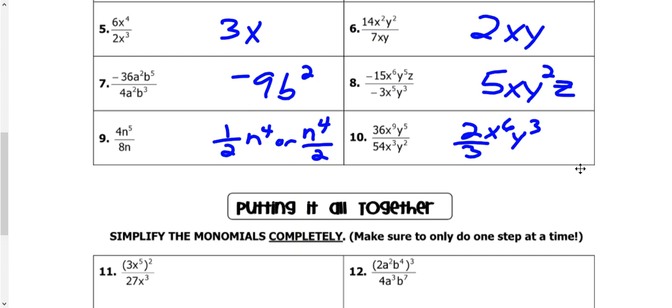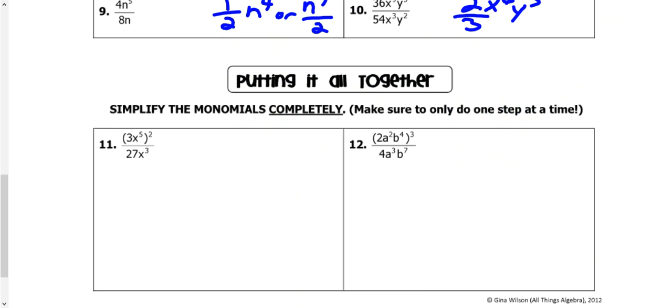And now what we're going to do is have you put it all together by looking at numbers 11 through 20. So make sure that you pay close attention to the examples, more specifically, the examples from the previous lessons.